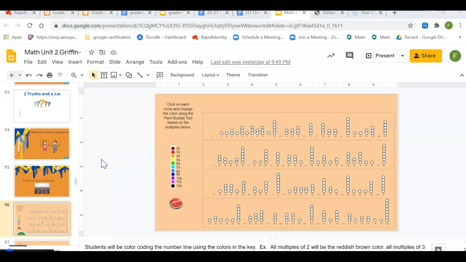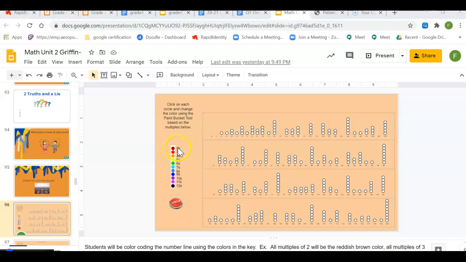On our number line, students will be color coding the actual number line using the colors right here in our key.